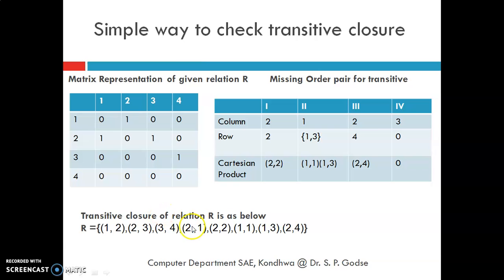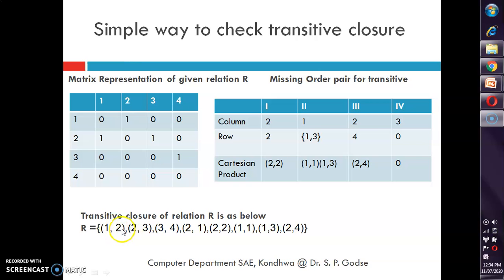So the transitive closure of relation R will be as given below. R is equal to 1, 2, 2, 3, 3, 4, 2, 1, 2, 2, 1, 1, 1, 3 and 2, 4. If you check, this satisfies the properties of transitivity. That's why this relation is a transitive relation.